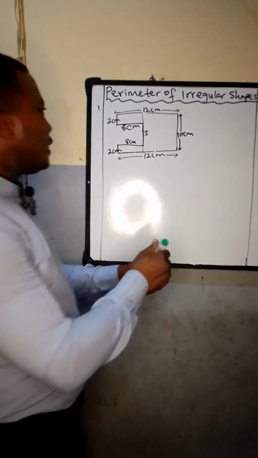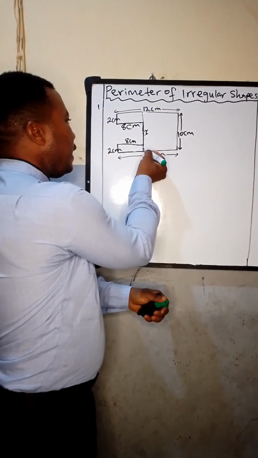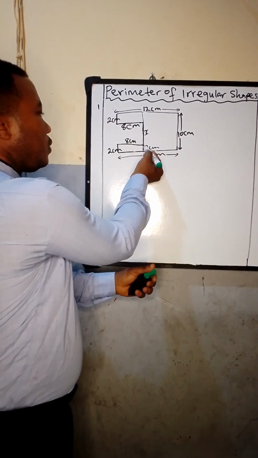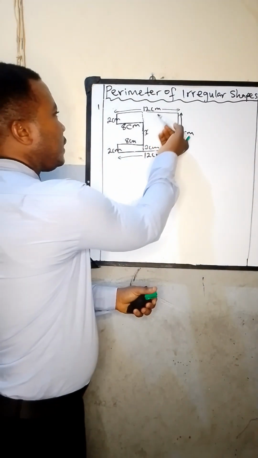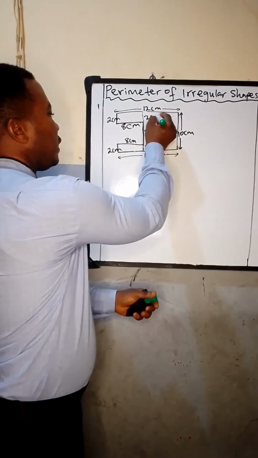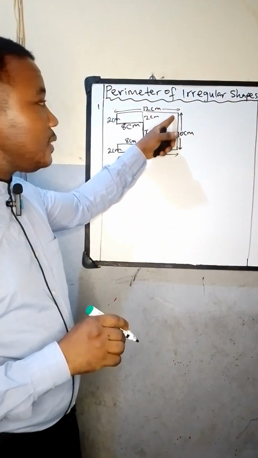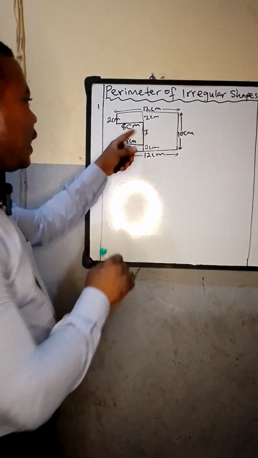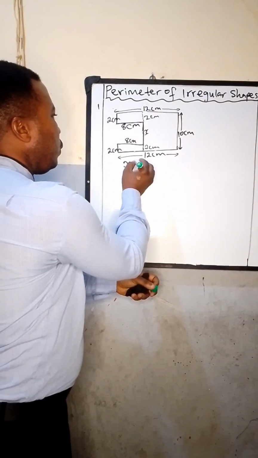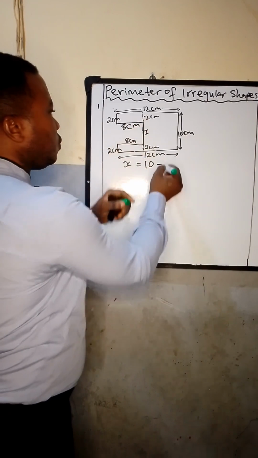Since we have 10 centimeter as the opposite, and here in this place we have 2 centimeter, from here to here is giving us 2. The same thing from here to here is also 2 centimeter. Remember that the opposite length is 10. So for us to get x, x is equal to 10 minus 2 plus 2.